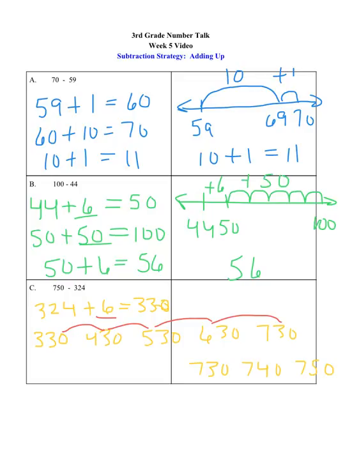So we have 400. Then we went 10, 20. And remember the 6 in the beginning that got us up to 330. So the difference from 750 minus 324 is 426.